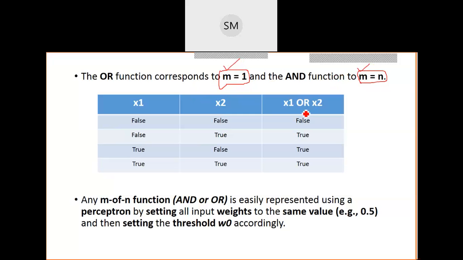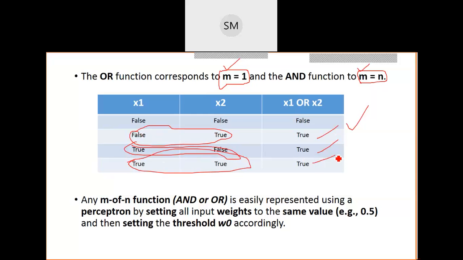So the truth table for this OR function I have written here. Whenever at least one value is true, the result will be true.